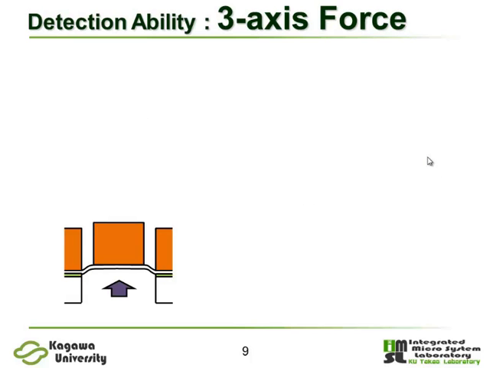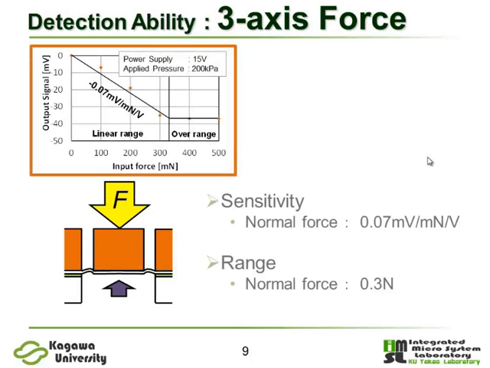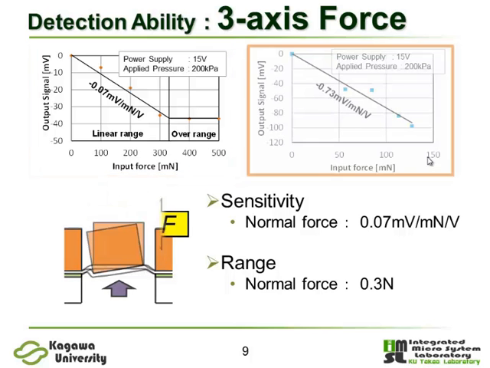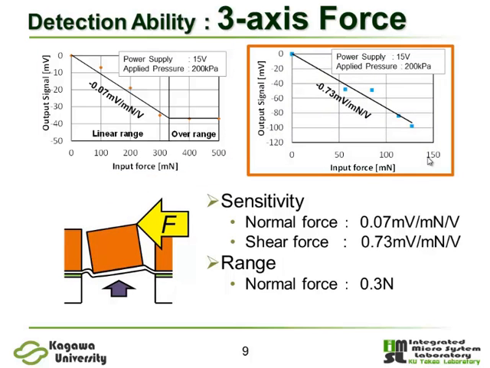3-axis force detection ability of the tactile image sensor was evaluated. This figure shows a measured output dependence on the applied normal force to the contact tip. The normal force sensitivity was 0.07 mV per millinewton. On the other hand, the shear force sensitivity was 0.73 mV per millinewton.